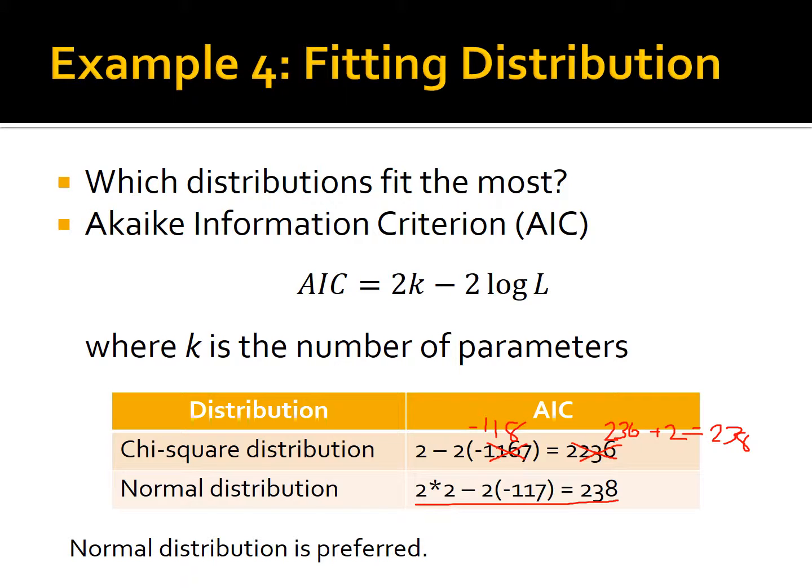So in this case, either one is preferred because we would like to have the AIC as low as possible. Chi-square and normal distributions provide similar values, so either is good, but we can find the next decimal point and see which one is less. Then we pick the lesser one. Okay.